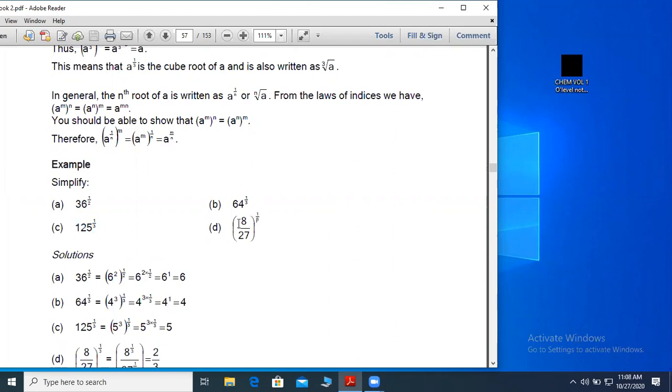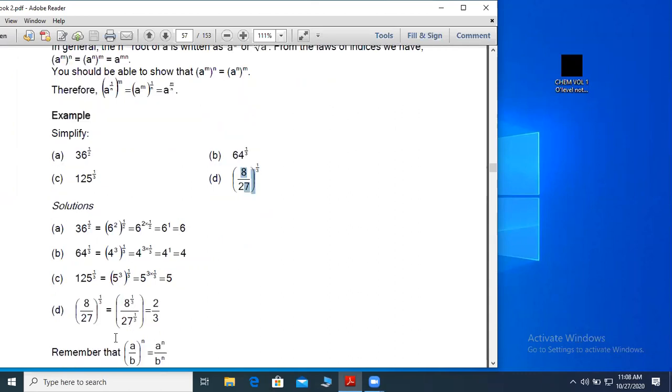Now here you see the power on part B, you see the power is a third, and the cube root of 8 is 2. The cube root of 27 is also 3. So we write 8 out of 27, which is the cube. 8 to power a third is the same as the cube root of 8, or 2 to power 3 times a third, and the answer will still be 2.